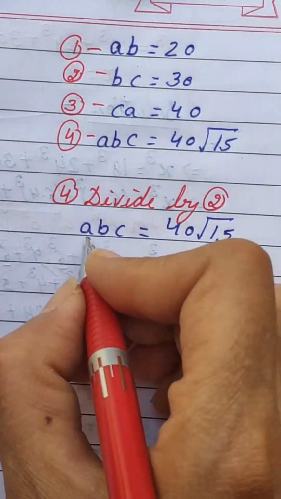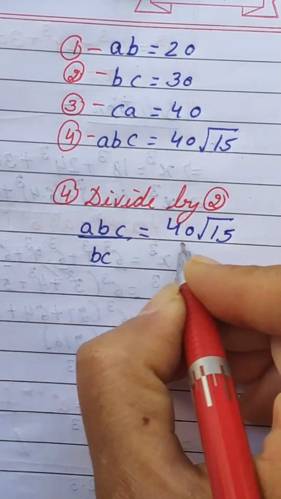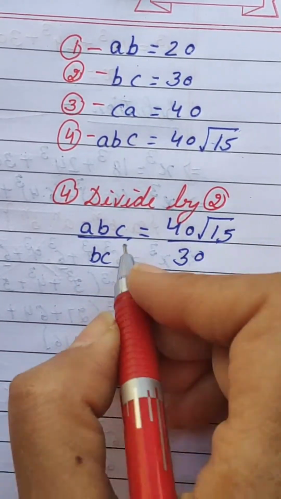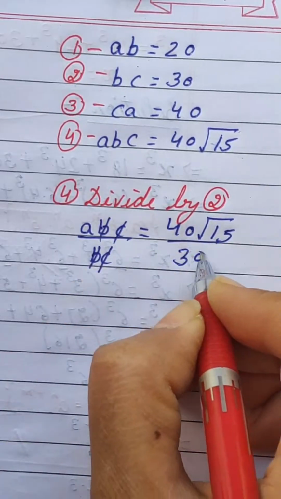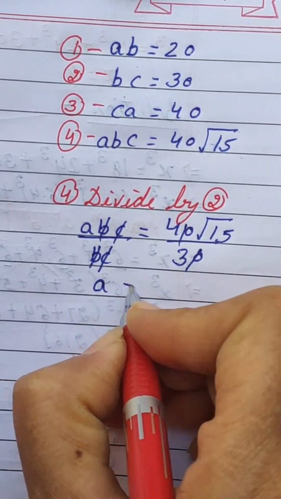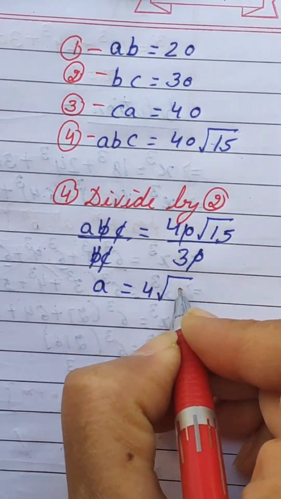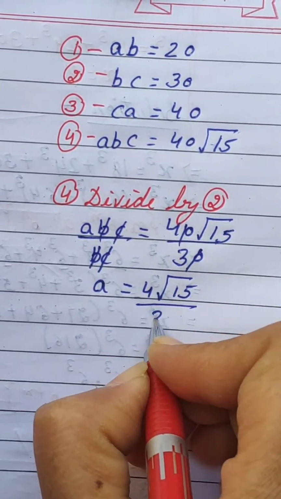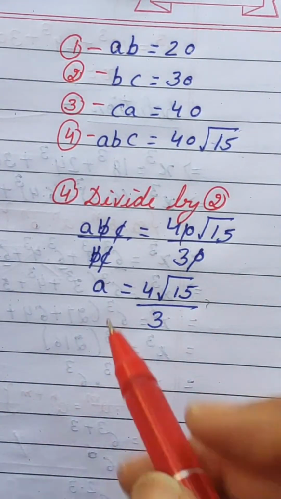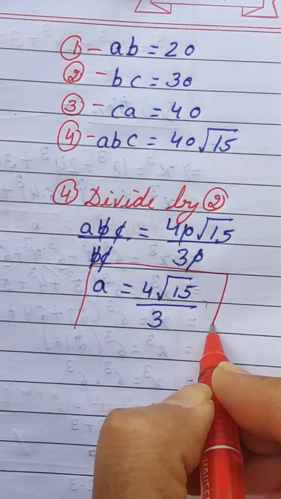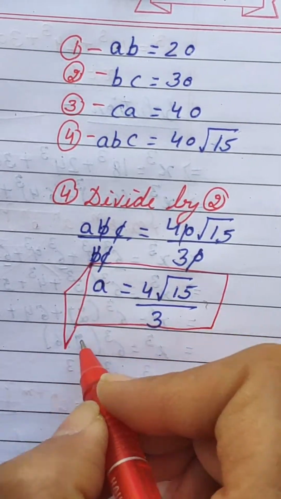And the second one is B, C, 30, right? So here C, C, B, B cancel, right? So we get A is equal to 4 root 15 by 3. So I get the value of A, right?